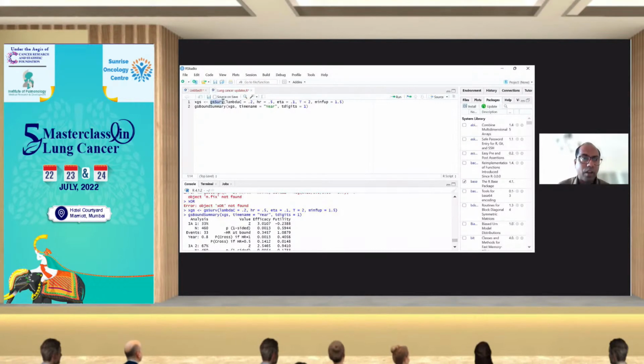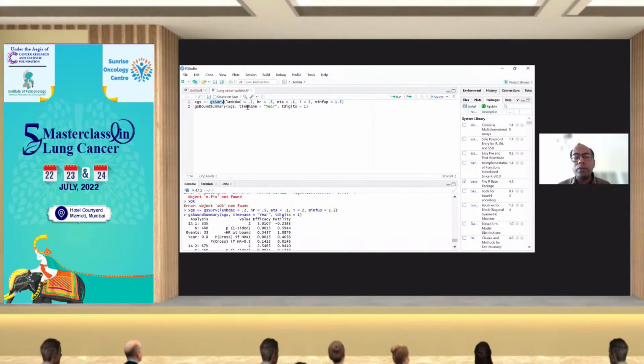Here you are talking about lambda C. Basically, one group hazard ratio you are going to consider, and that is 0.2, with respect to the other group that is considered 1. That means the reference group hazard ratio is considered 1, and with respect to the reference group, the experimental group hazard ratio is considered 0.2.